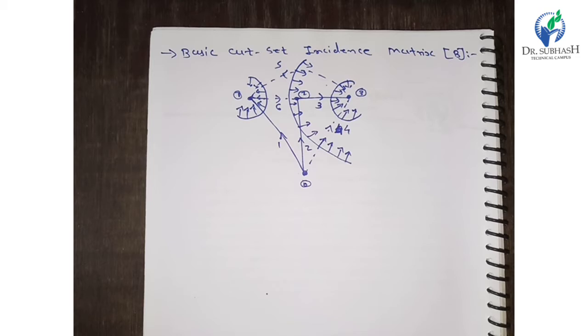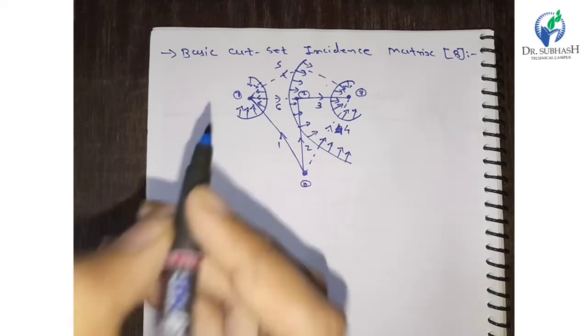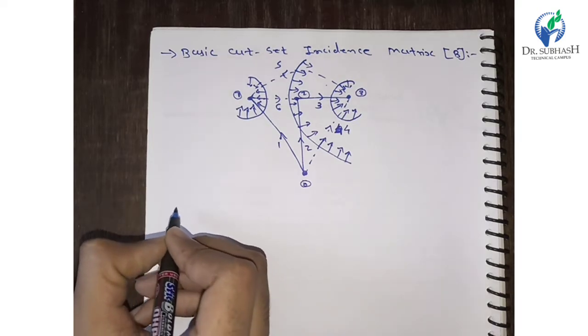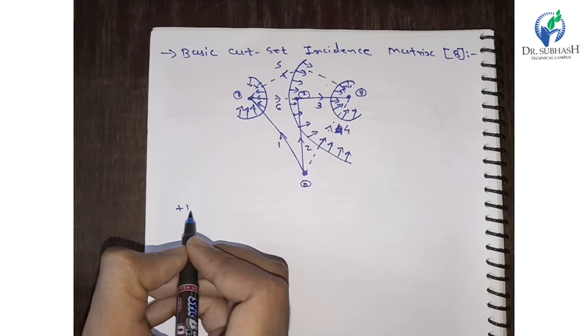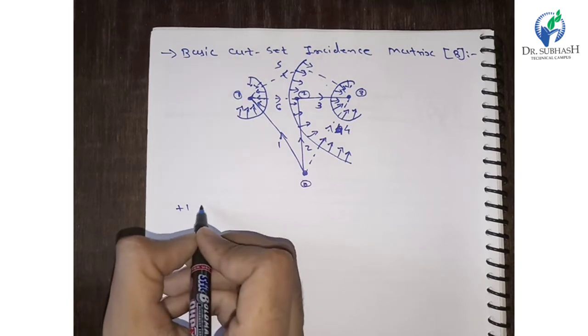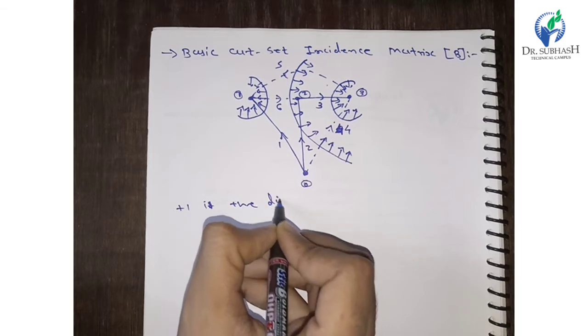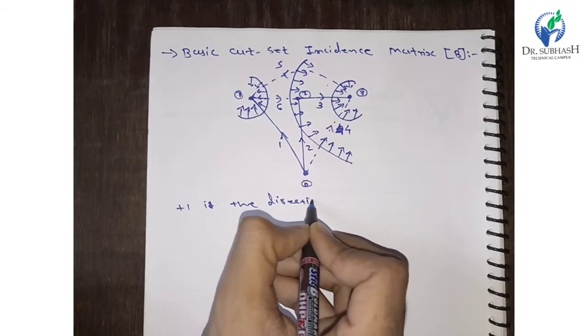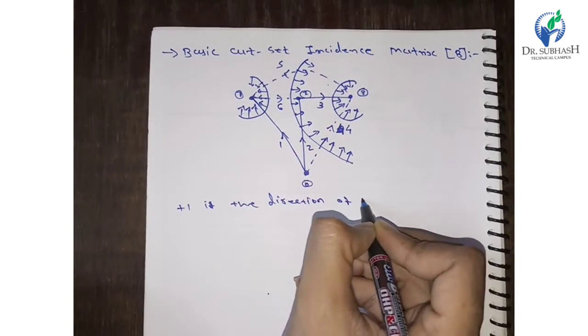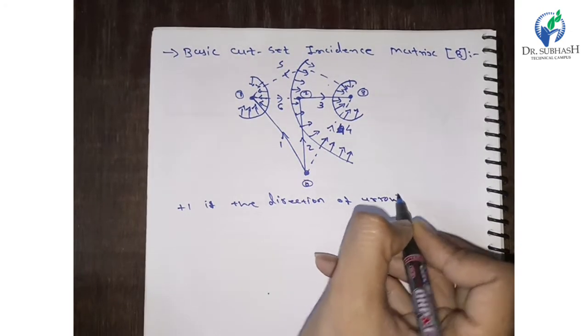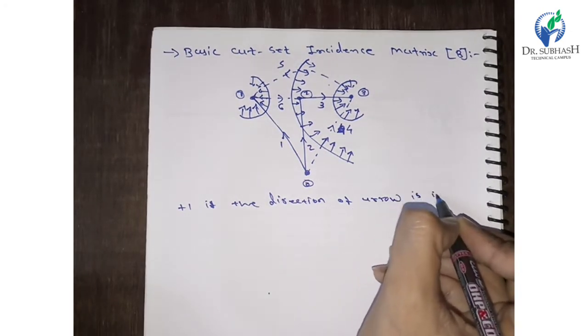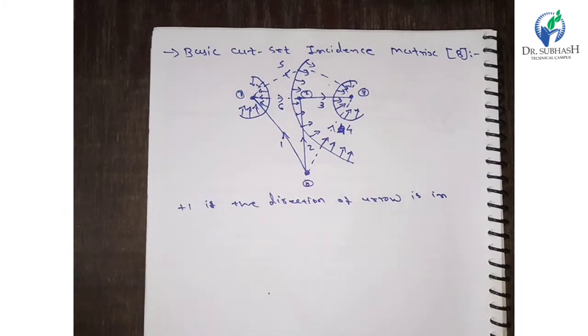In this cut set incidence matrix, the signs are also used in a sign convention. Plus 1 if the direction of the arrow is in the same direction as the cut set.